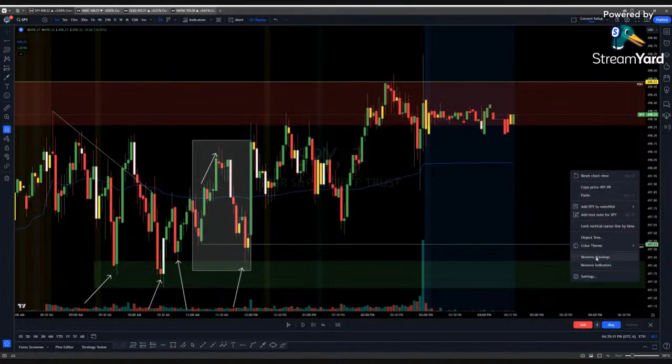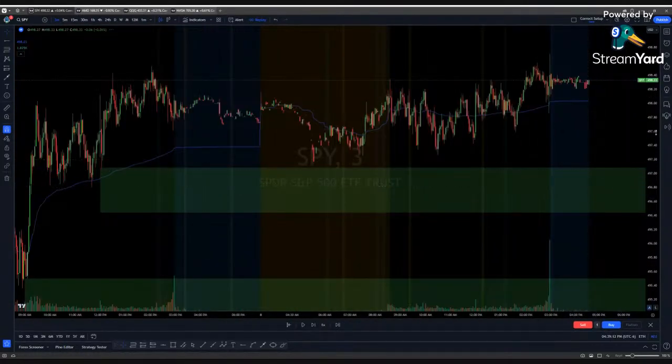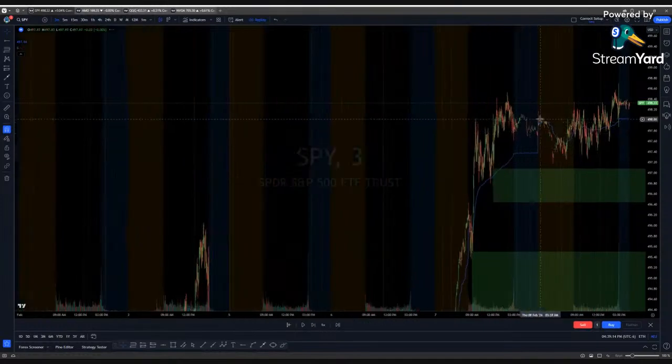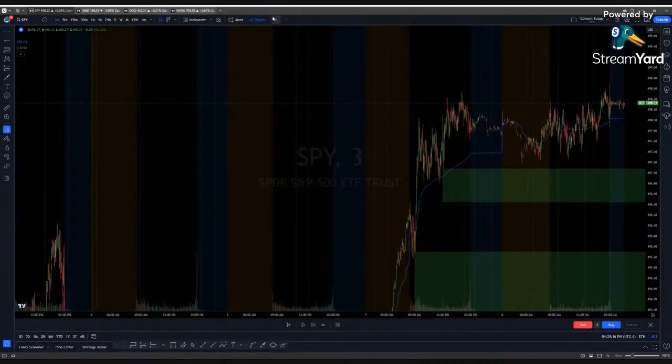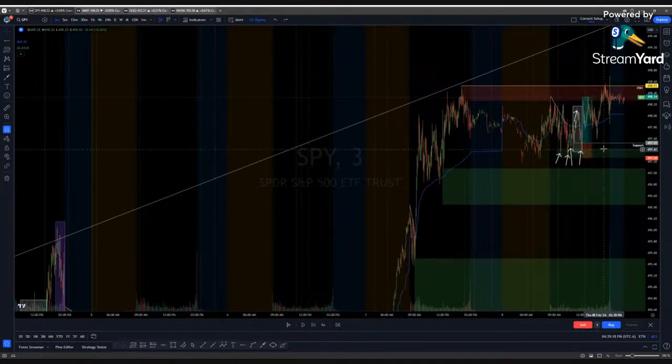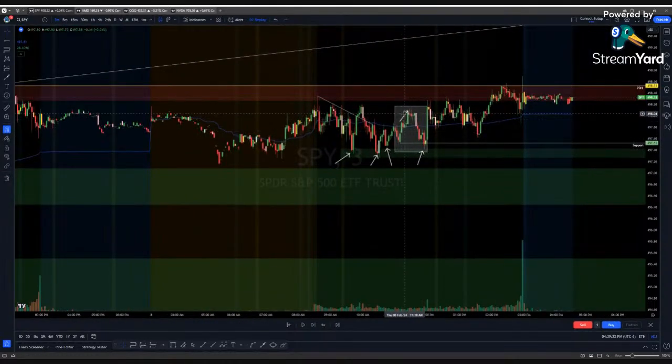So that's basically what I'm looking for tomorrow. I meant today, and the reasoning behind it. We're going to be watching whether price is able to hold above this 497 area tomorrow. We do see that there are strong buyers in this zone here.